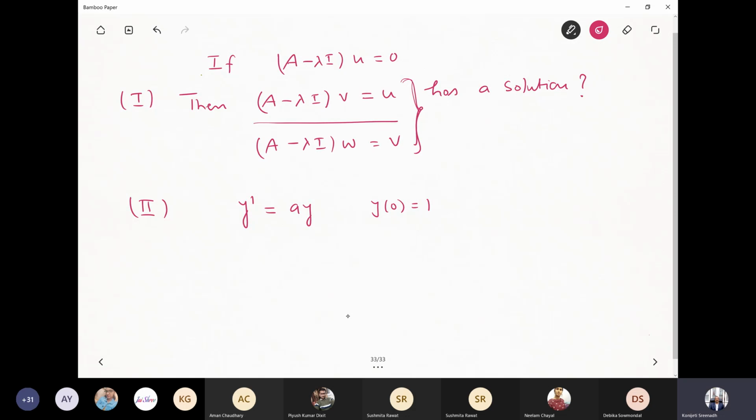So if A is now a matrix, so they have a, right, that is the system. Then can I write the solution of the system?